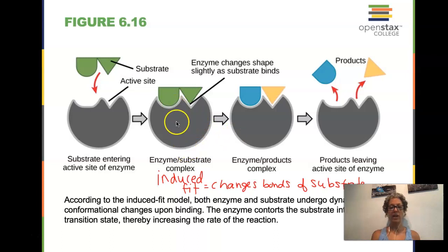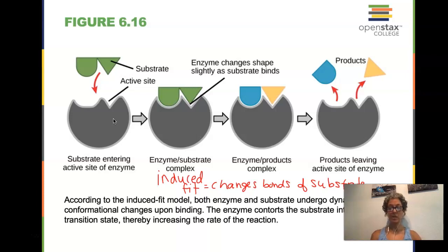And that allows the enzyme to apply mechanical energy pressure on the reactant, on the substrate, and create the products. The enzyme is then returned to its identical shape it had at the beginning and can get used over and over.